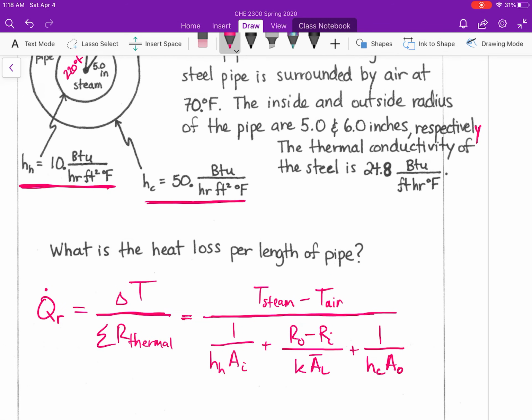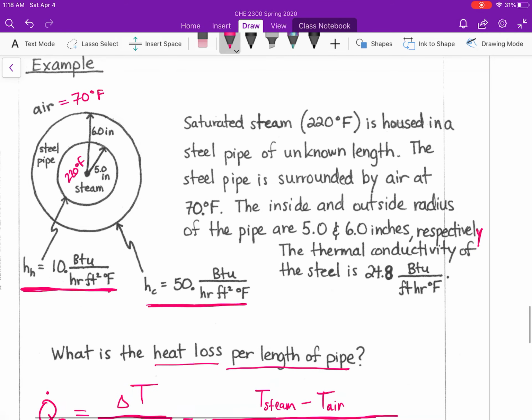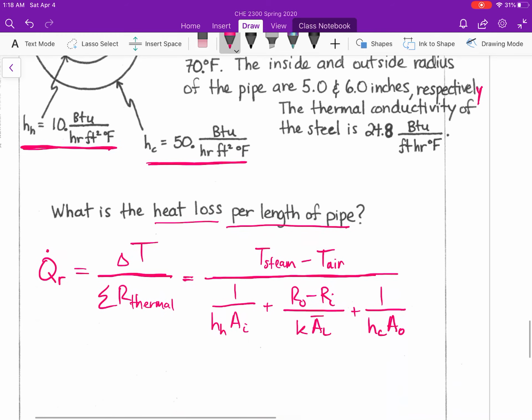But this particular problem asks us to calculate the heat loss per length of pipe. We're told that we have a steel pipe of unknown length.